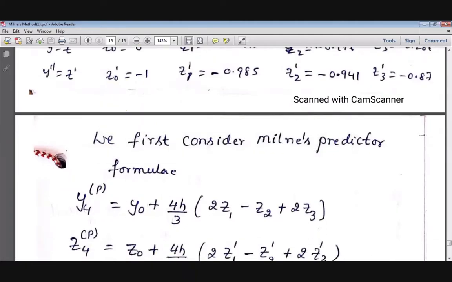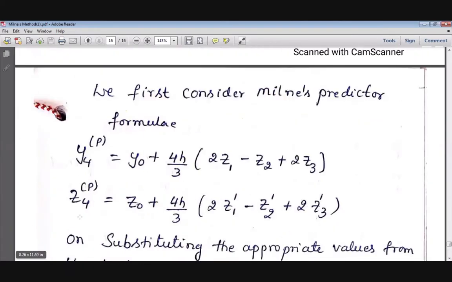Okay, next take the formula, predictor formula. Predictor formula is y4 of p equal to y0 plus 4h by 3 into 2z1 minus z2 plus 2z3. Next, z4 of p equal to z0 plus 4h by 3 into 2z1 dash minus z2 dash plus 2z3 dash.